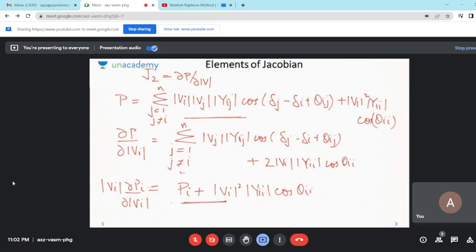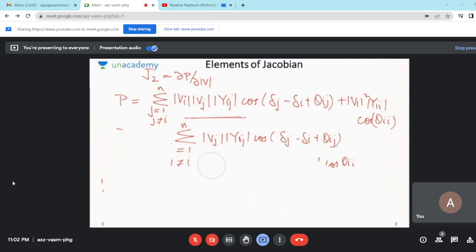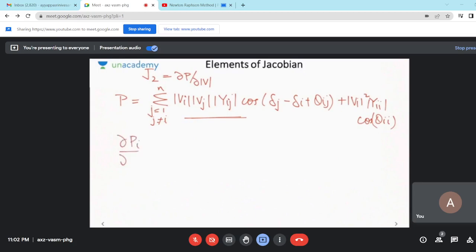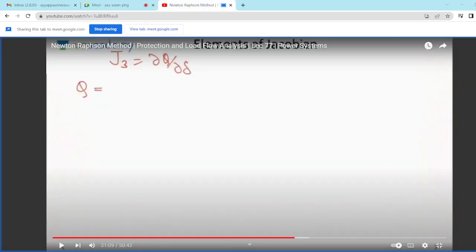Now if we wish to calculate the off diagonal element, because this is a matrix, it will have diagonal as well as off diagonal elements, then we will calculate del Pi by del delta j. Starting with the expression of Q, j is equal to 1 to n.